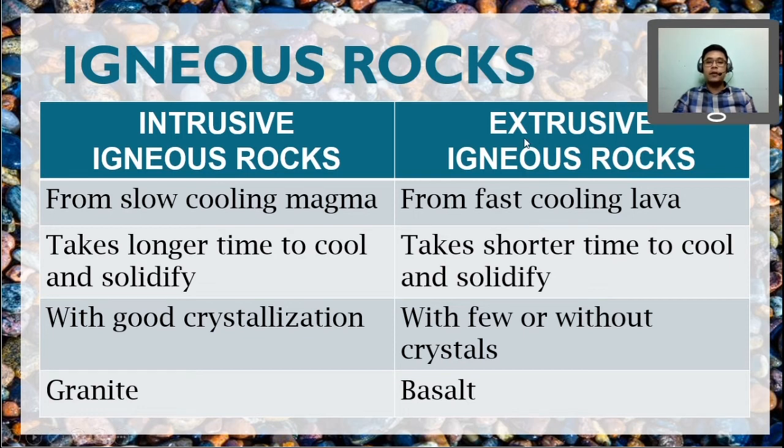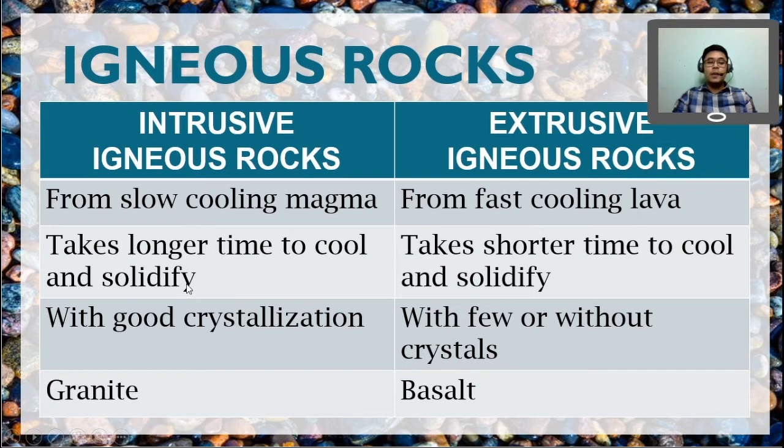While on the other hand, extrusive, it is already lava, so it will only take a shorter time to cool and solidify. Moreover, the benefit of the longer time to cool and solidify under the intrusive igneous rock is that it gets good crystallization. While for the extrusive igneous rock, because it cools and solidifies quickly, it has few crystals, or sometimes no crystals at all.